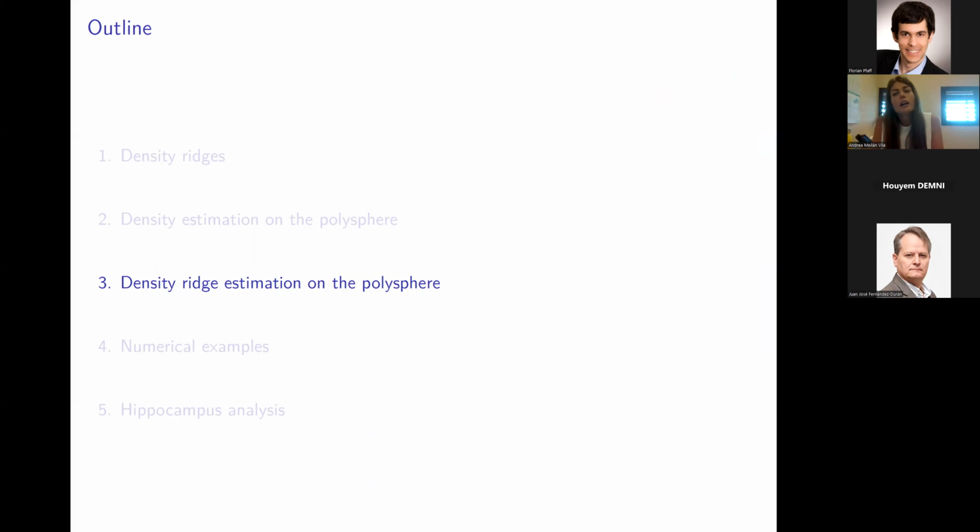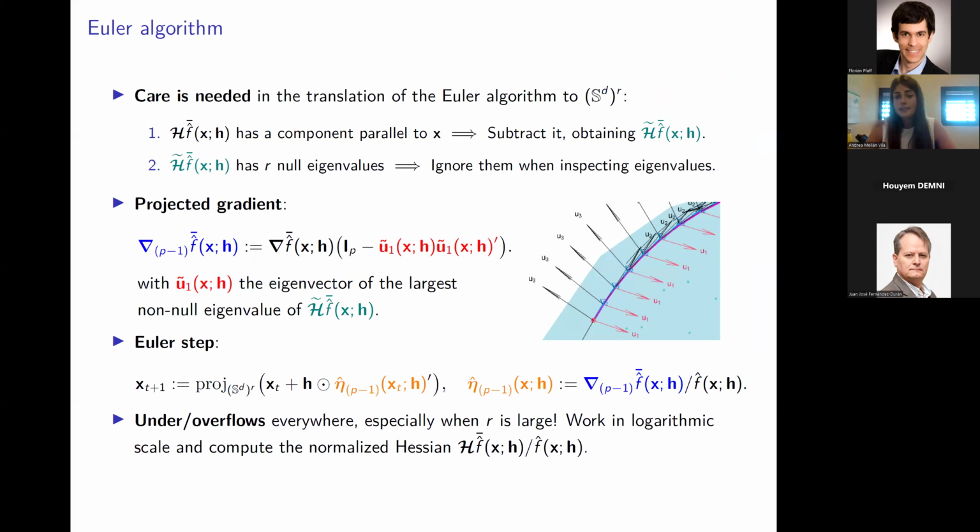So we know how to estimate the density on the polysphere. We know how to estimate the gradient, how to estimate the Hessian matrix. So now we are going to deal with the density ridge estimation for this kind of data. Notice that the procedure is really similar to the case of Euclidean data, but in this case, the Euler algorithm should be adapted.